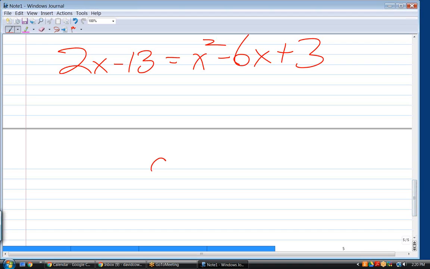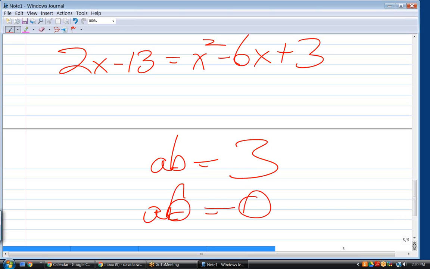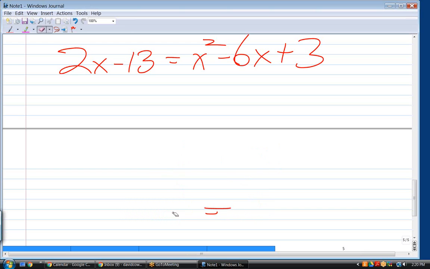Right. In other words, if I have a times b equals 3, I don't care. I can't solve that. But if I have a times b equals 0, I can solve that. Either a or b has to be 0. So this concept of having 0 on the other side is very important.